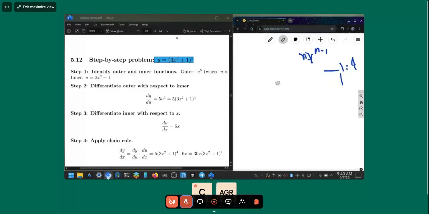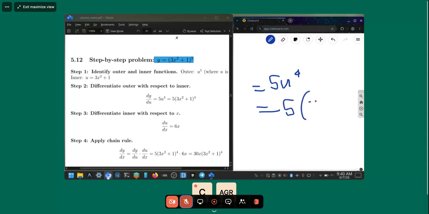You will spend much more time to compute, just unnecessary trouble. So we get 5u to the power of 4.